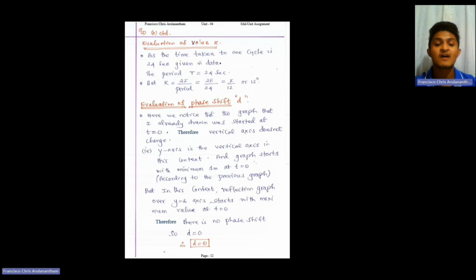The graph starts with a minimum of 1 meter at t equal to 0 according to the previous graph. But in this context, the reflection graph over the y equals 6 axis starts with the maximum value at t equal to 0. Therefore, there is no phase shift. So d is equal to 0.